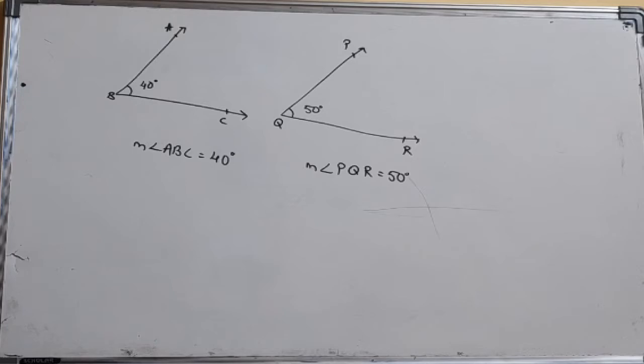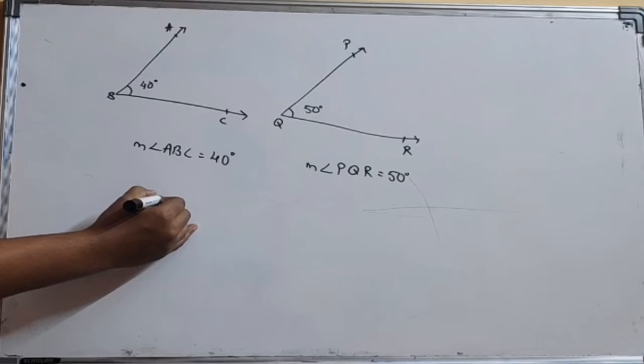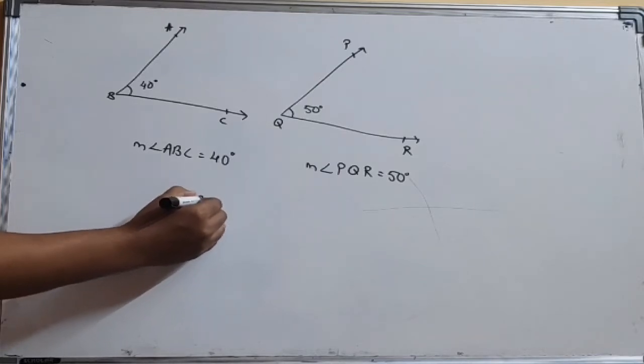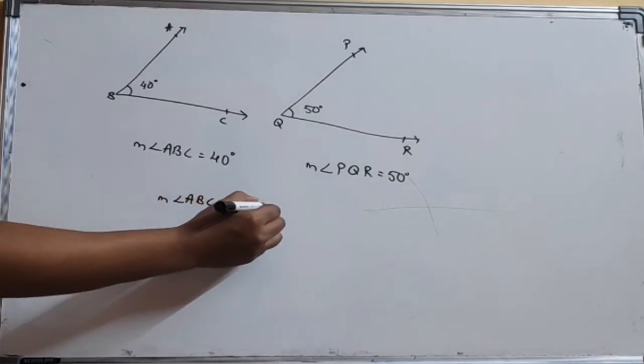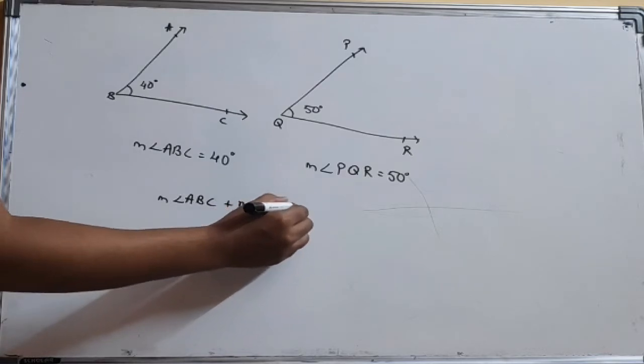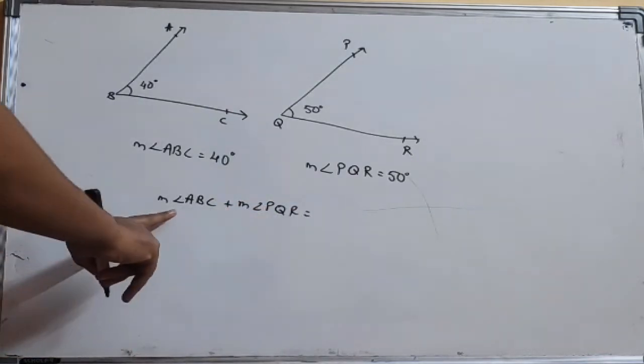Now students, what we are going to do next is we are going to add the measure of these two angles. Let us add the measure of these two angles. The measure of angle ABC plus measure of angle PQR. What is the measure of angle ABC?